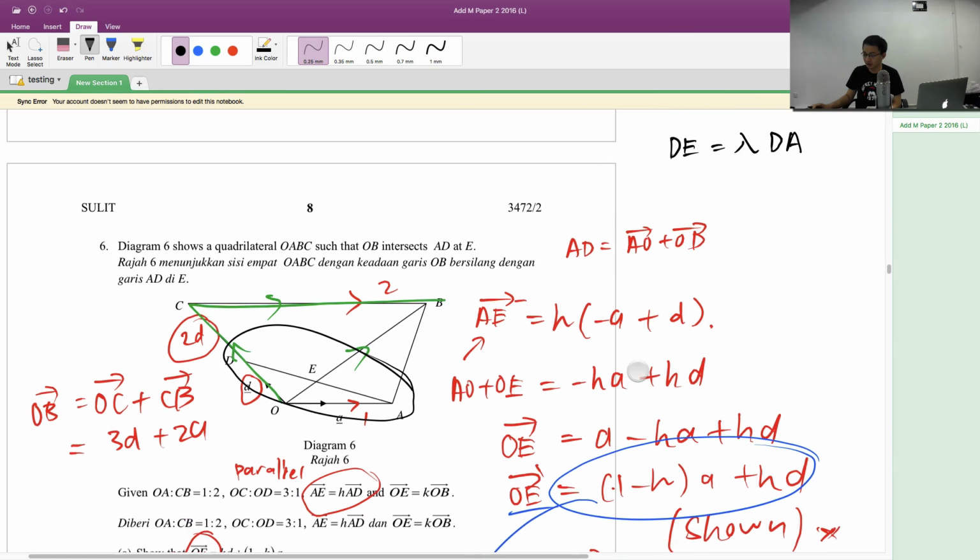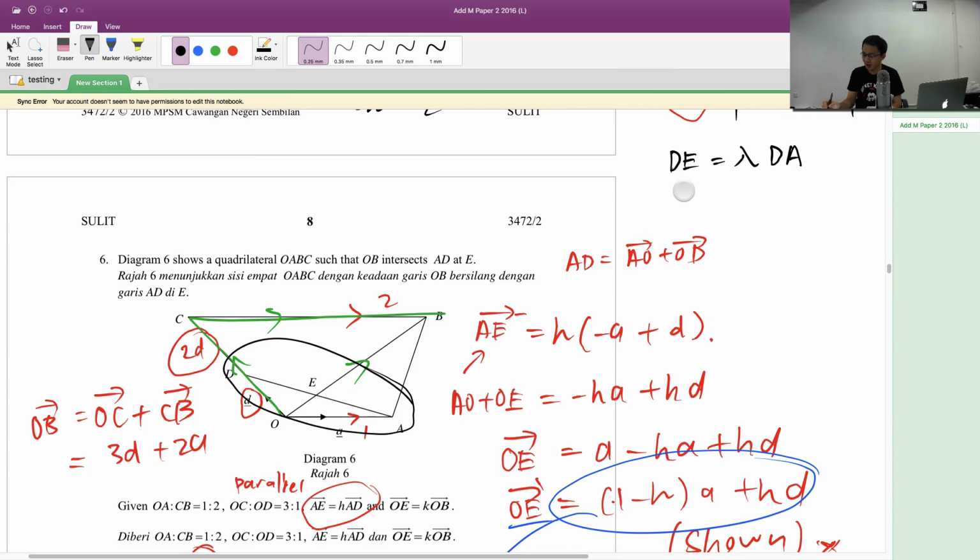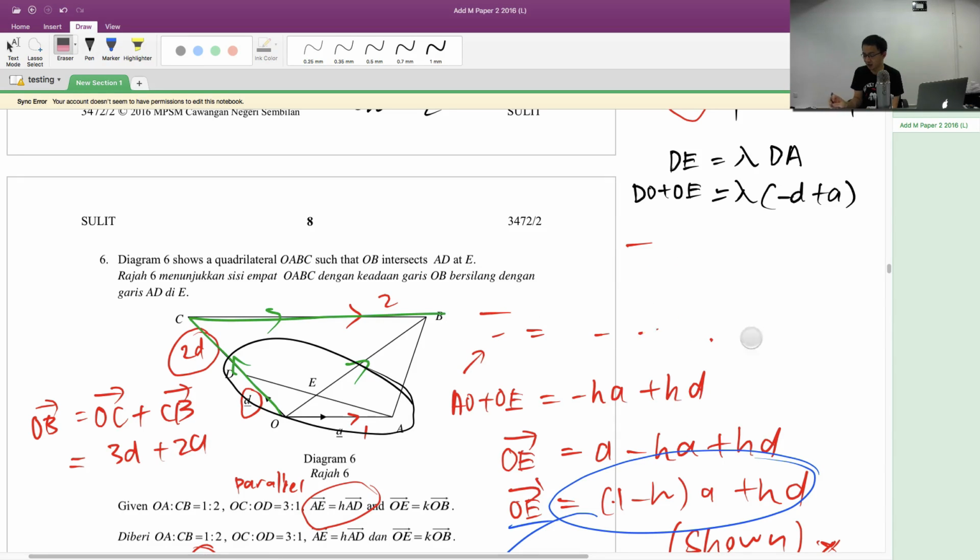Because if I do this one, I will actually expand it. DE, I can say this is DO plus OE equals lambda DA. DA is pretty simple. DA is just negative D plus A. Then I will erase here because I need more space.